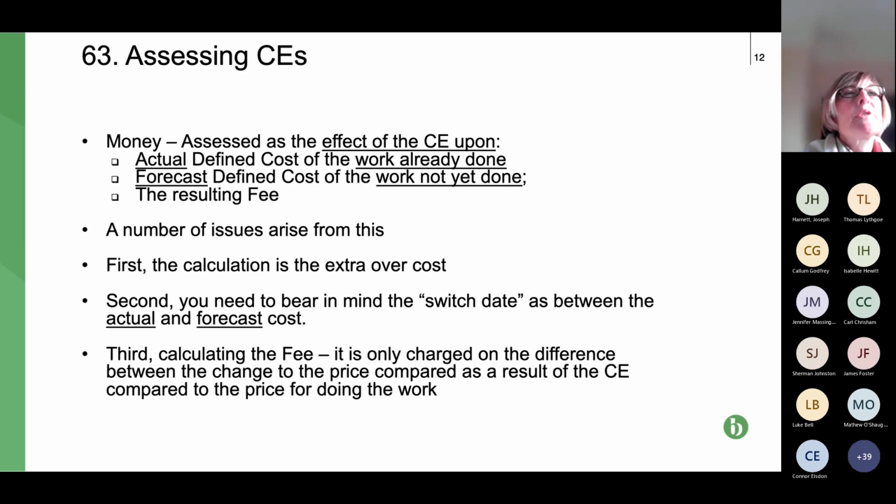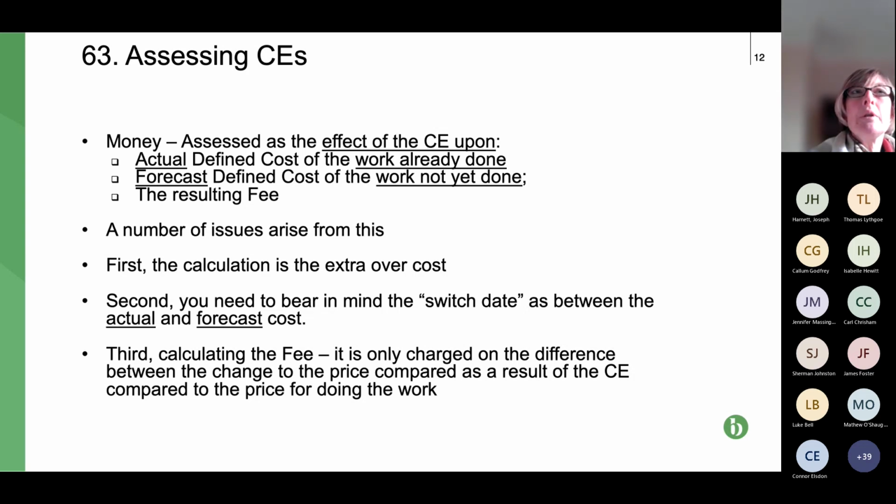So moving on to clause 63, assessing compensation events. So how do we assess them? The financial side of things is assessed as the effect of the compensation event upon the actual, so ignore the defined cost for the time being.